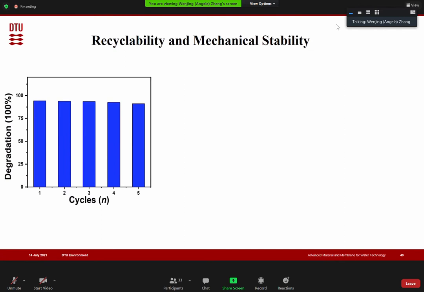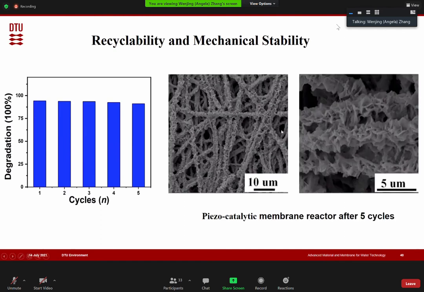After these 5 cycles, we also took it to the SEM, and we see there is no change in morphology, or in the overall nanofiber structure. So I think the mild air bubble process that induces the piezo catalyst activity is not strong enough, like the sonication you find in the literature, and it can maintain the integrity of the nanofiber membranes.